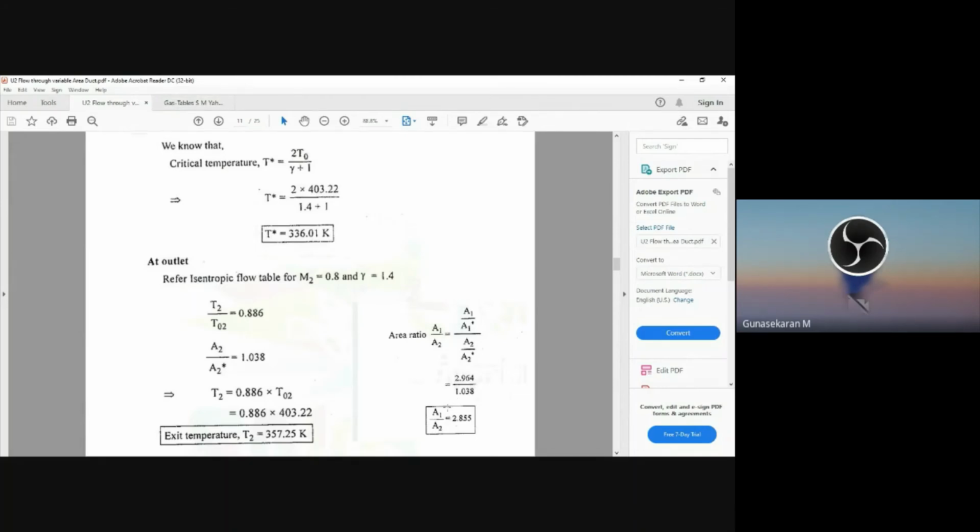Substituting both ratios, we get A1 by A2, which becomes 2.855. Hopefully this is clear. Any doubt? You can just ask. Otherwise, let's go.